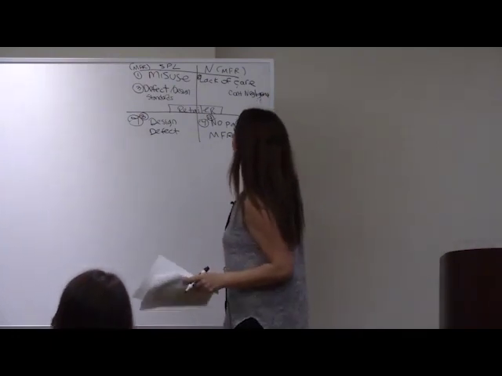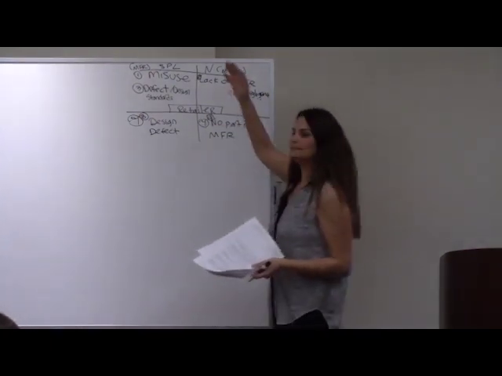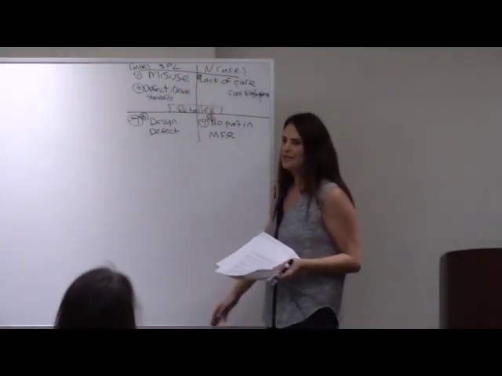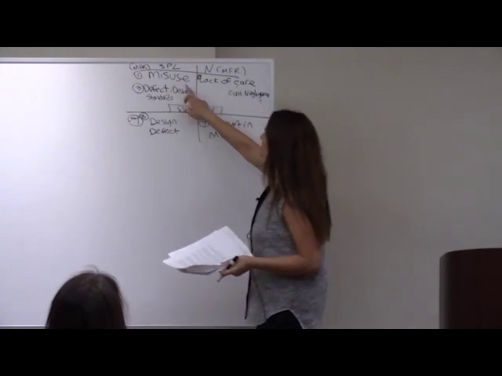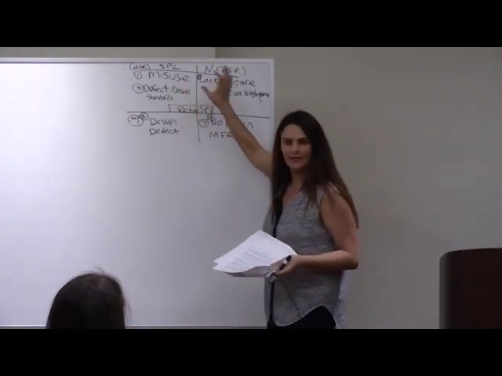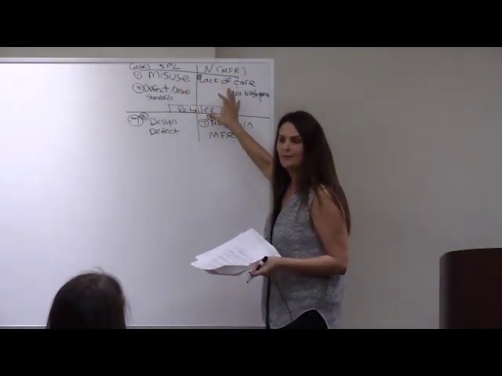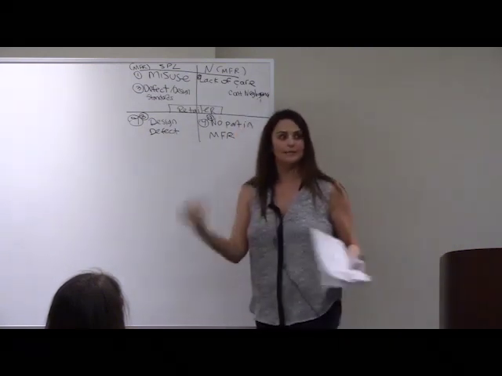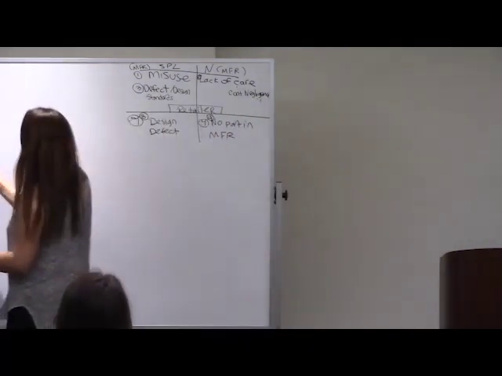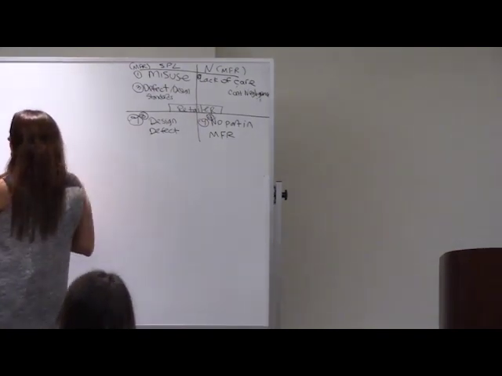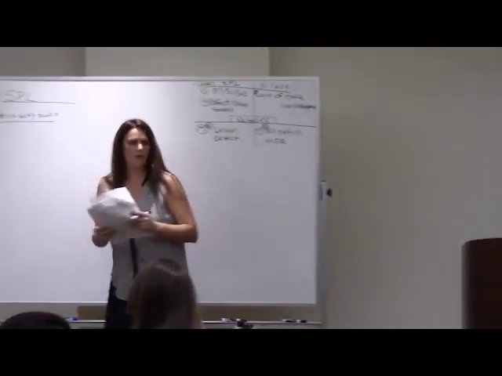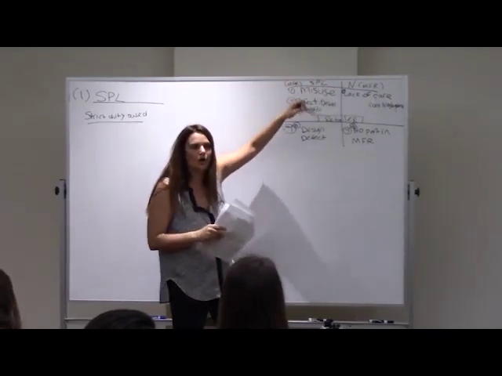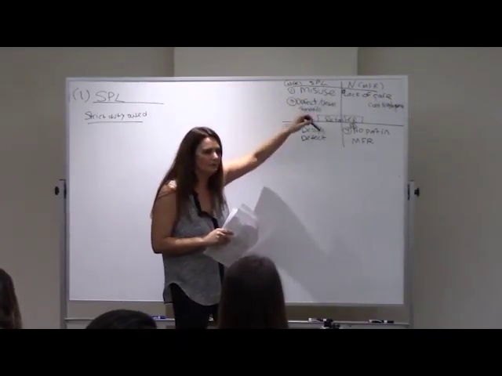So let's start with strict product liability. What you're going to do is go through the approach for strict product liability, and when one of these elements that are at issue in the motion to dismiss comes up, you're going to address it in the context of a motion to dismiss. Let's see how that happens. Strict duty owed, do we have that? Quickly, and by the way, this is where you're going to spend the bulk of your time, because we take the calls of the question very literally.